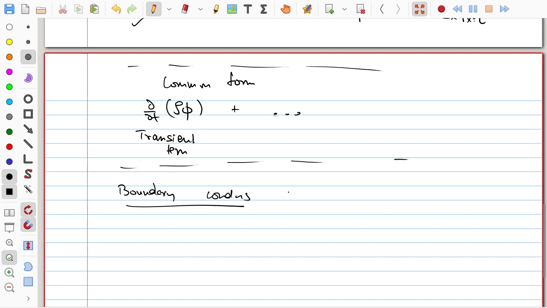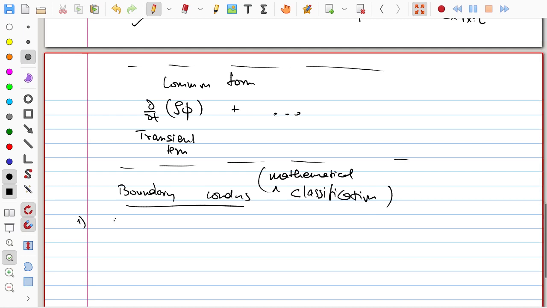So for boundary conditions, we'll talk about classification. What are the different types of boundary conditions, but this classification is a mathematical classification. So depending on the physical situation, that classification may have a slightly different meaning as to what that means.